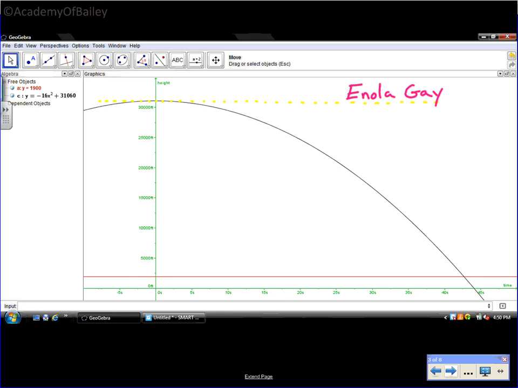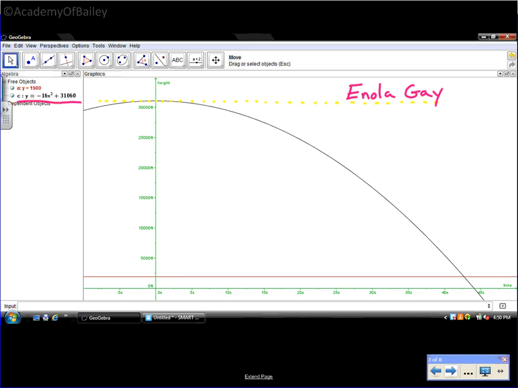If we look here on the left side, in black is the quadratic equation for the black line. It says negative 16x squared plus 31,060. That's the equation for an object in free fall motion. That's an object that is dropped from above somewhere.